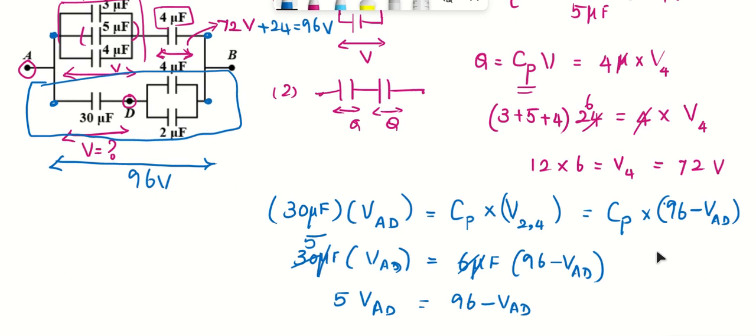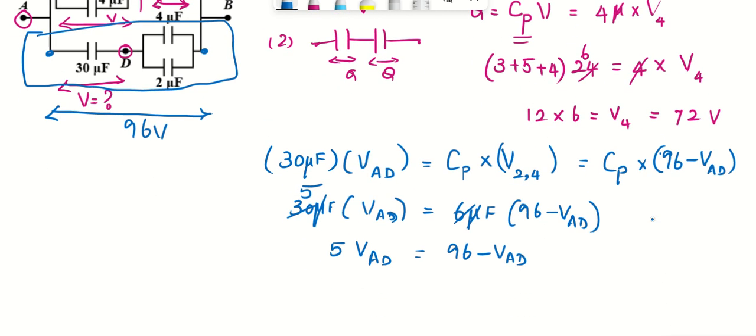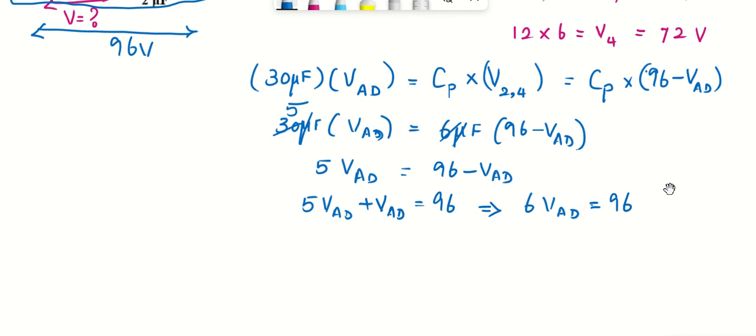Now let's solve for VAD. That is 5 VAD plus VAD equals 96, which gives us 6 VAD equals 96. Then we get VAD equals 96 by 6, which gives you 16 volts.